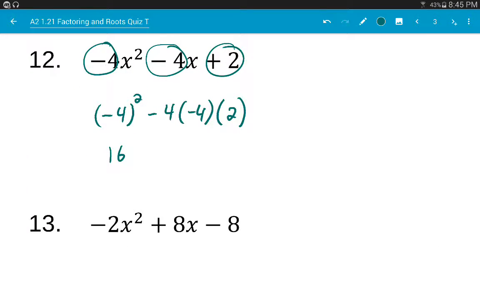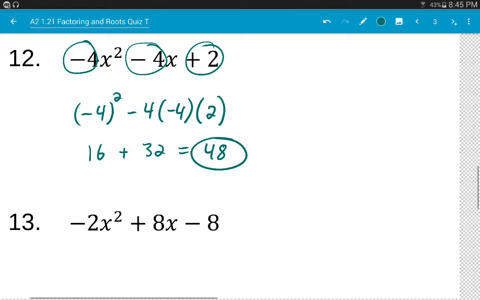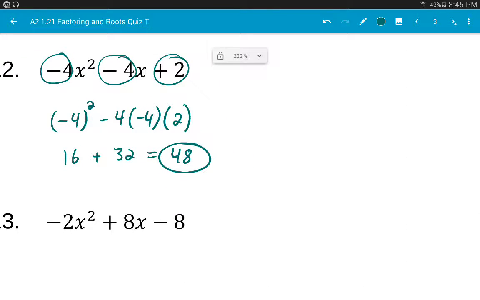Negative 4 squared is 16, minus 4 times 4 times 2. So it's going to be plus 32. This is 48. Now, that is positive, so that means we have 2 real roots.